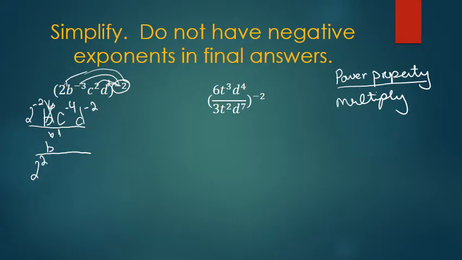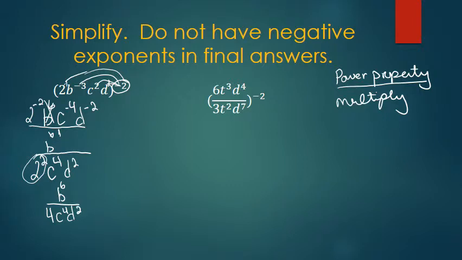The c to the negative 4 also moves to the bottom and becomes c to the 4. And the last one, d to the negative 2, moves down to become d squared. Now, to complete my answer, I'm going to calculate out the 2 squared. So my final answer will be b to the 6 over 4 c to the 4 d squared.